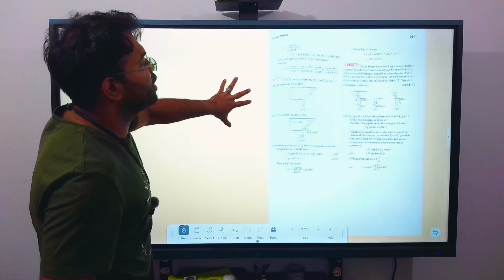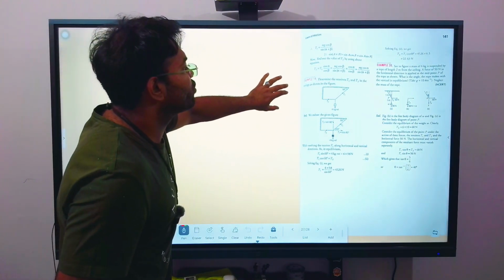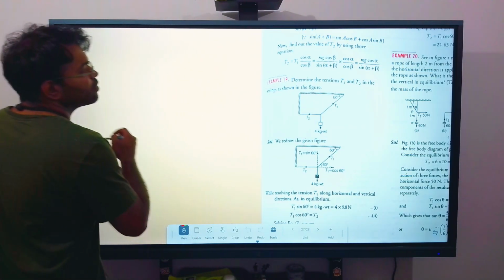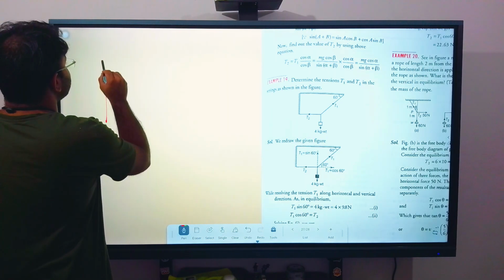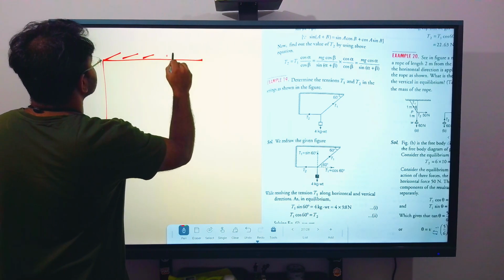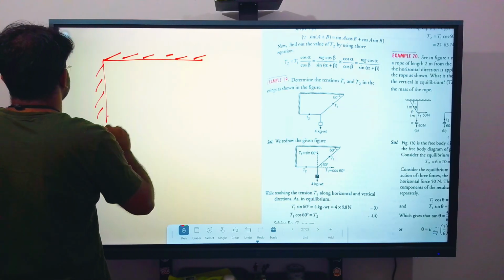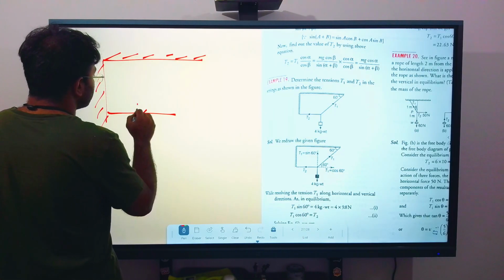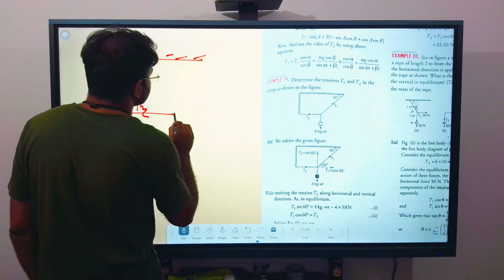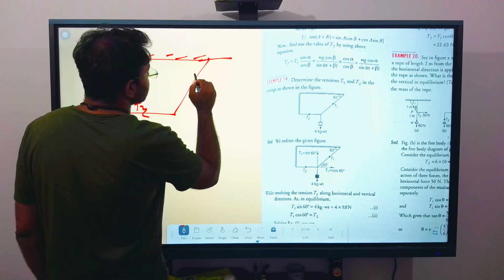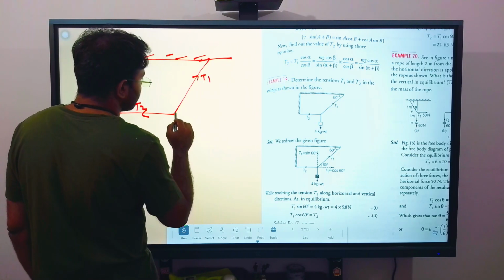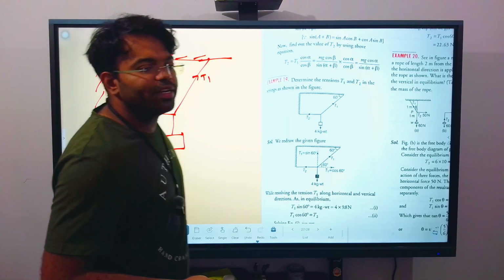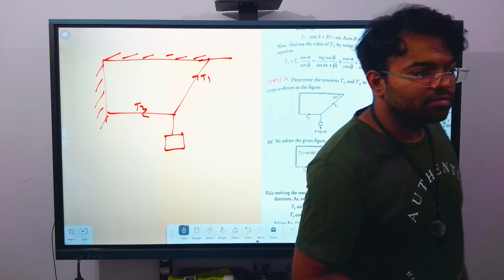Determine the tension T1 and T2 in the strings as shown in the figure. Next. So you have a ceiling like this and walls like this. This is T2, this is T1 and this is a 4 kg weight. 4 kg weight is how many newtons?